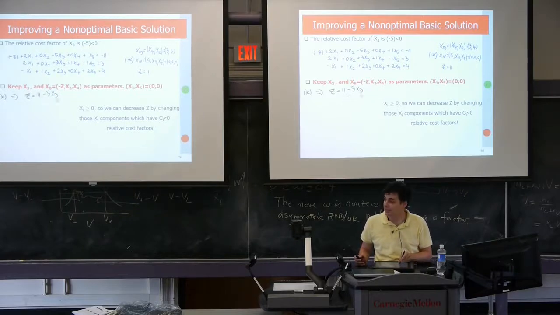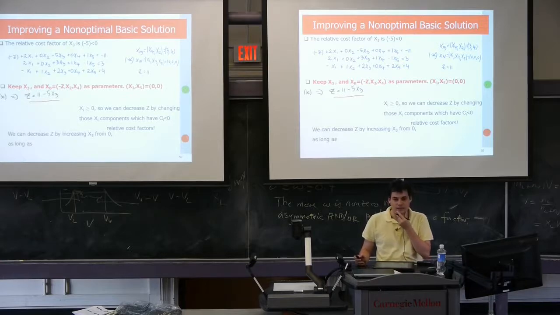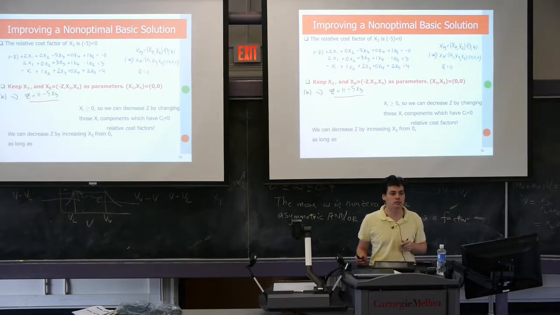But if we increase x3, then the value of z will decrease, right? So z is defined by this equation, 11 minus 5 x3. So if I increase x3 from 0 to a bigger value, then the value of z will be smaller.